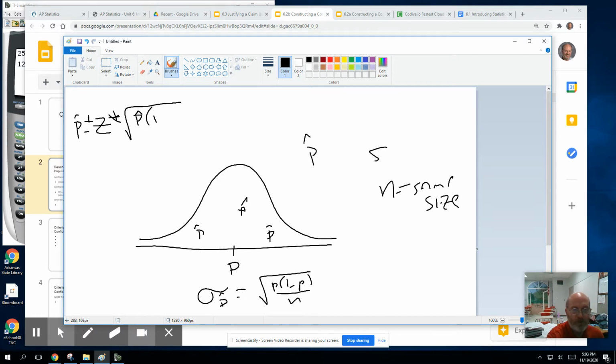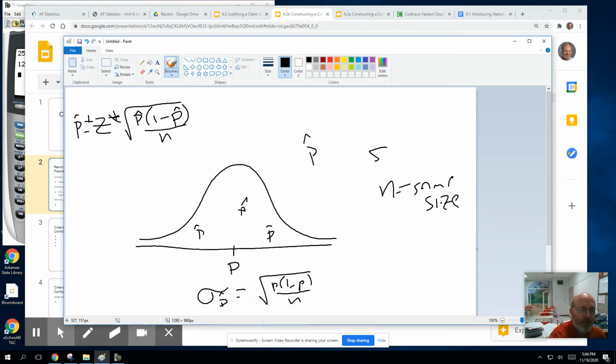So the confidence interval for the population proportion is p hat, the sample proportion, plus or minus z star, I'll tell you how to get that in a minute, times the square root of p hat times 1 minus p hat, all divided by the sample size. And p hat minus z star times the square root of p hat times 1 minus p hat over n is the lower bound for our interval, and p hat plus z star times the square root of p hat times 1 minus p hat over n is the upper bound.